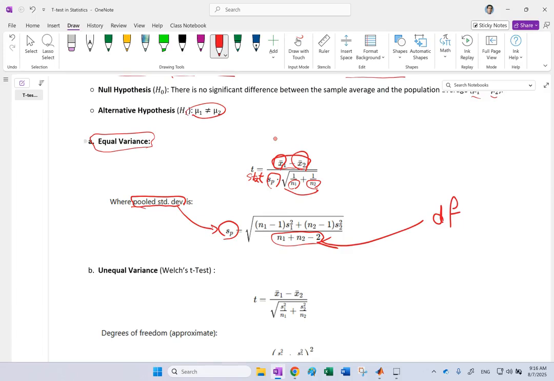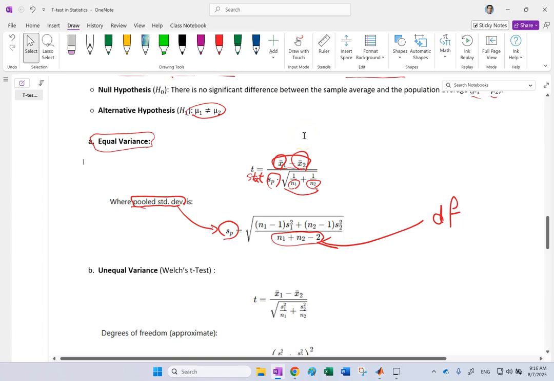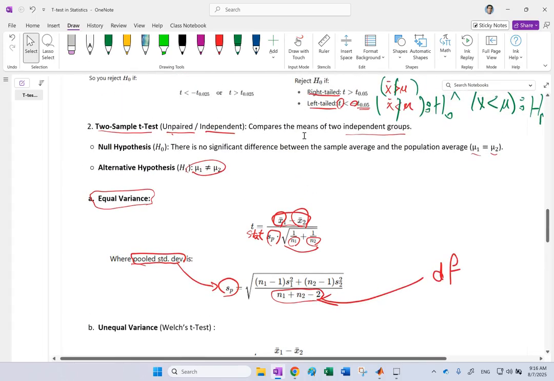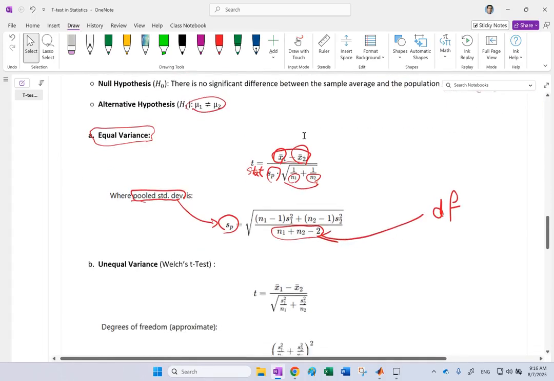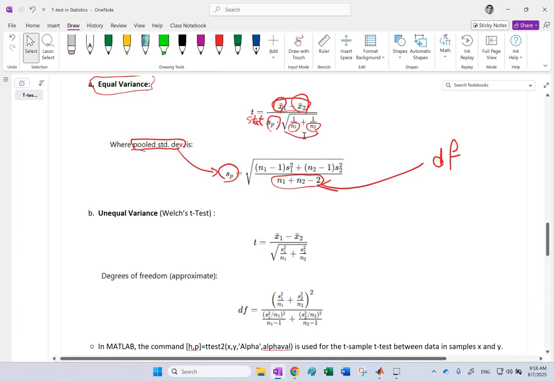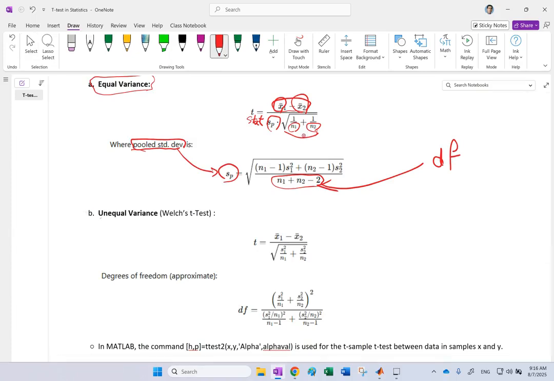If you don't know whether the standard deviations of the two populations these two samples are taken from are equal or not, you can go with unequal variance. This time we call the t-test Welch t-test. Here your t-stat is a little bit different. This is going to be your t-stat.